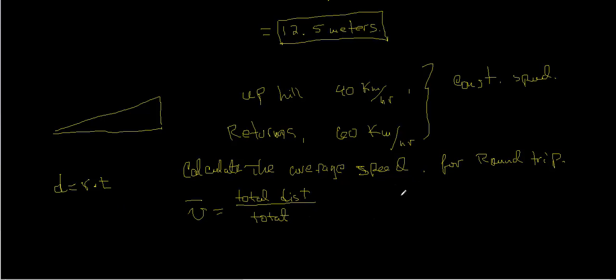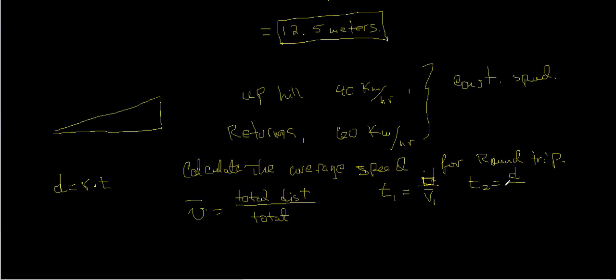So what we can do is we could write the time it takes to go up as t1 equals d over the velocity v1, or the average speed rather, and for t2, I'm going to use a smaller d instead.